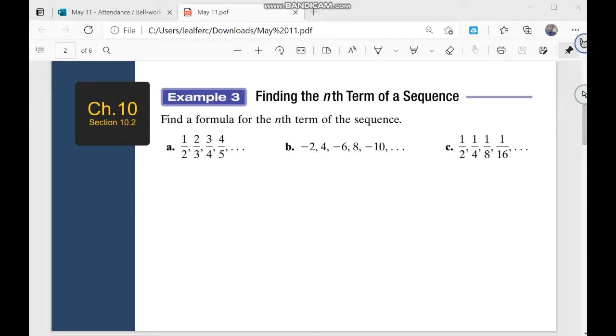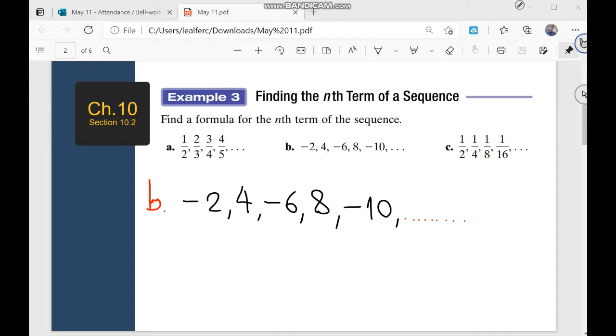Now, next example, letter B. We have now an alternating sequence: -2, 4, -6, 8, -10. And what is the next term after -10?